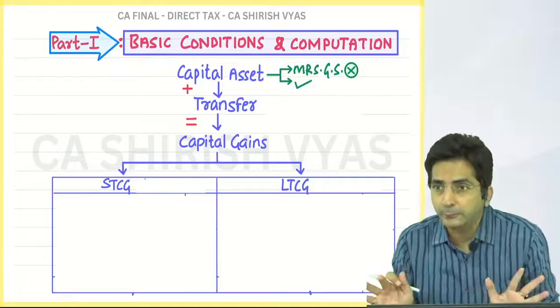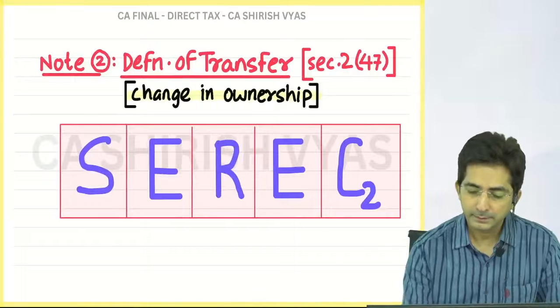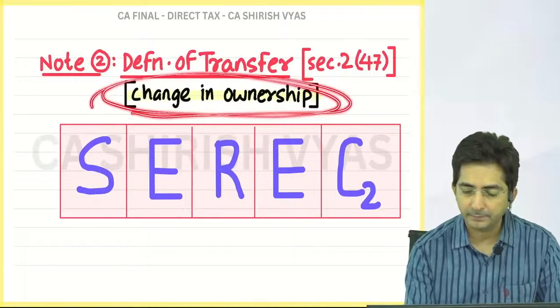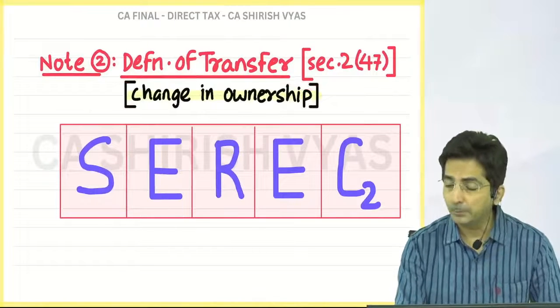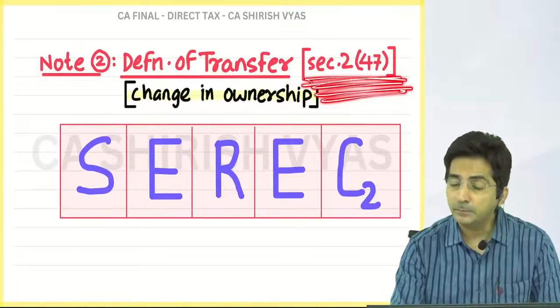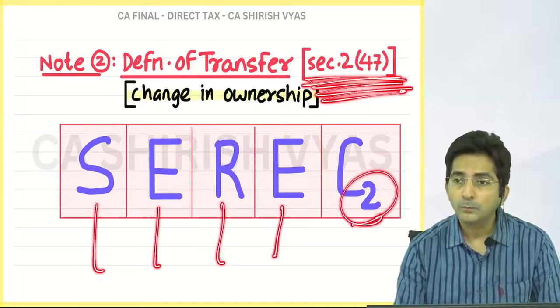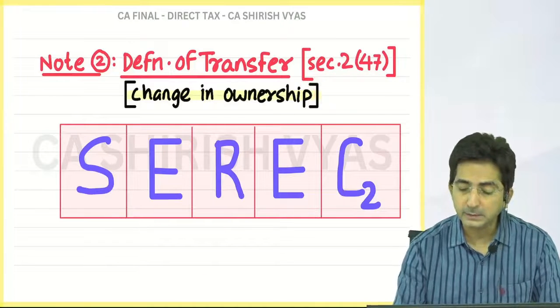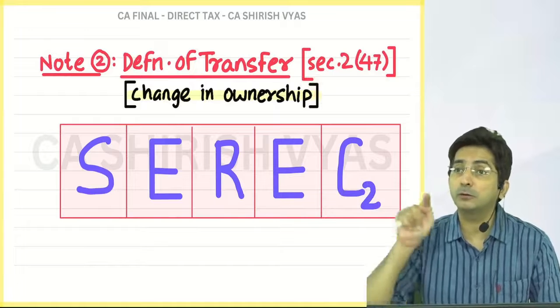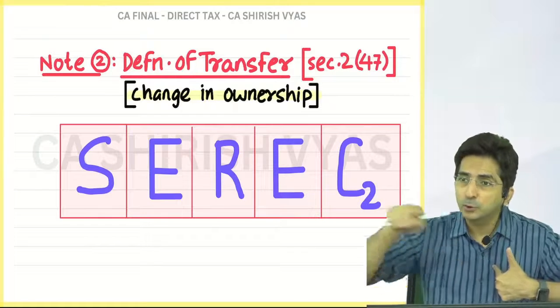So this is my definition. But what is the government's definition? This is my definition in the bracket. But as per the government, section 2(47) says, transfer means sub-clause 2.